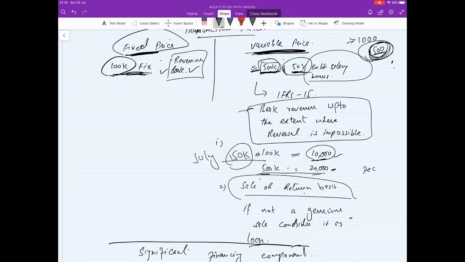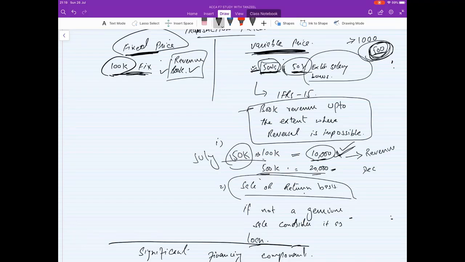Because of the 150k, this condition has been met. So in either case you secured your 10,000. In this way the reversal is impossible, so you can book the revenue.